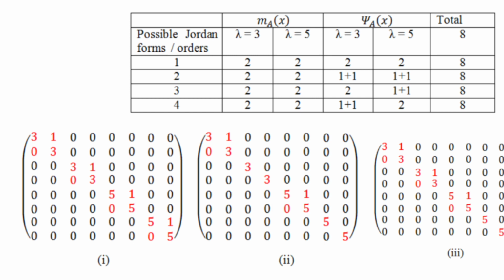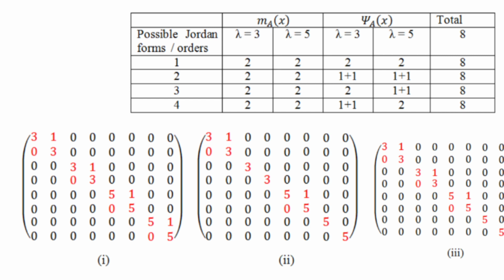So there also you have framed 3103. Next we come to eigenvalue lambda equal to 5. You have to construct a Jordan block of order 2. So therefore 5105.